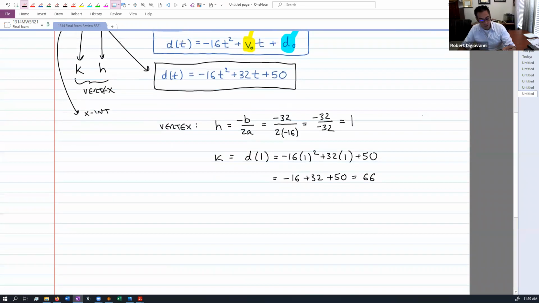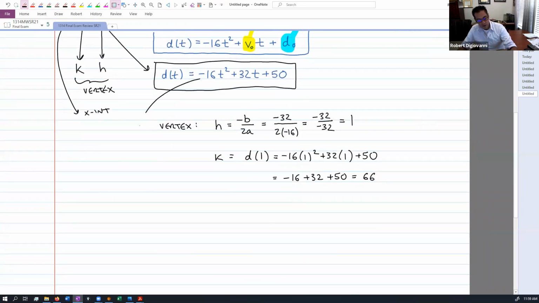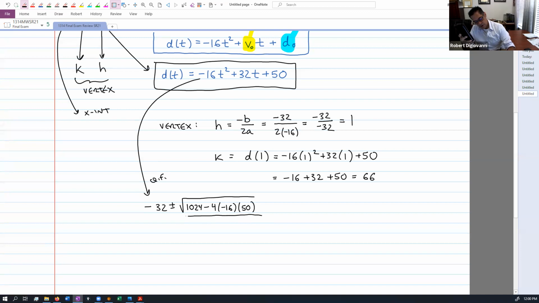For that, I'm just going to use the quadratic formula. My solutions will be -b plus or minus the square root of 32 squared. You'll probably need your calculator for this. 32 squared is 1024, minus 4 times a, which is -16, times c, which is 50, all over 2 times -16.